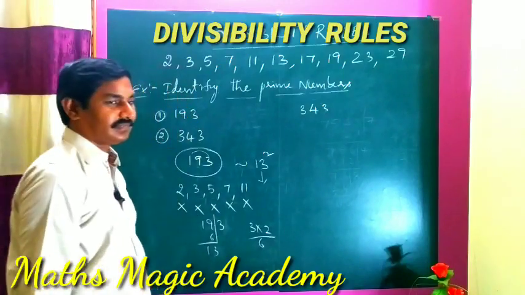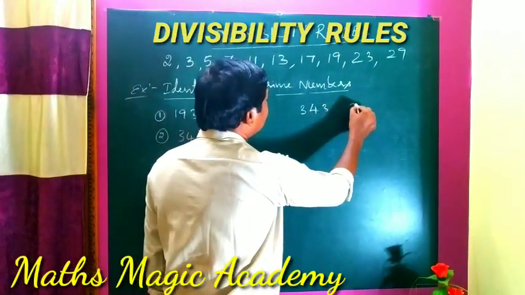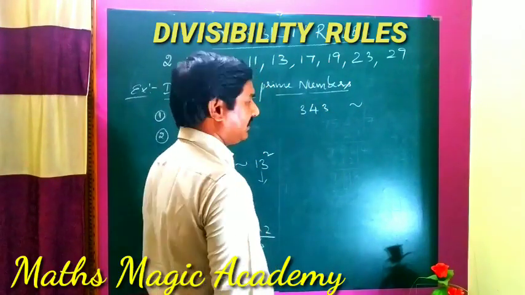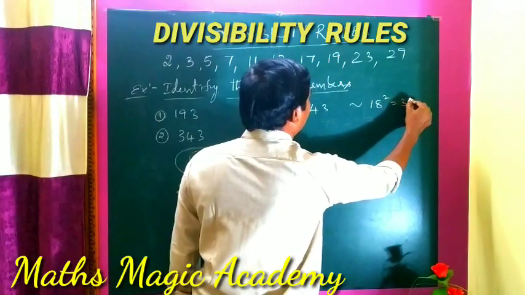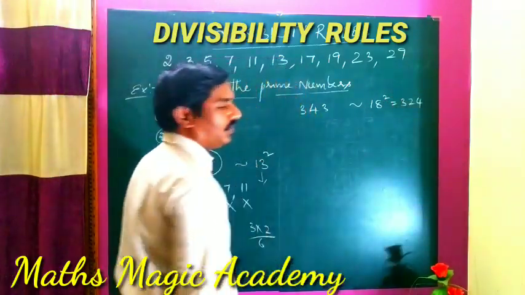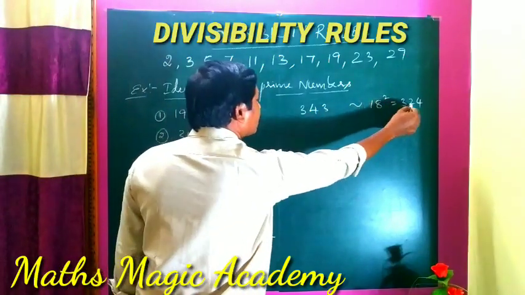343. Here, for 343, we check the nearest perfect square. That is 18 squared. 18 squared is 324.